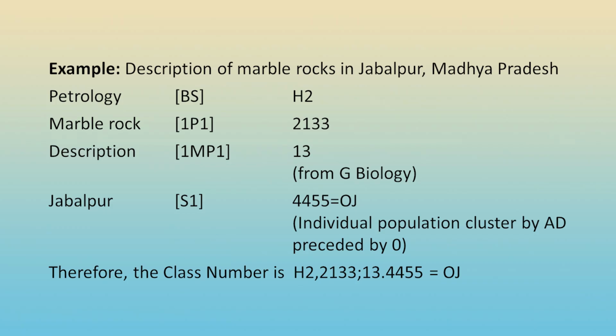We get Madhya Pradesh 4455, then is equal to sign 0, capital J for Jabalpur. Therefore, the class number is synthesized as H2, 2133, semicolon 13 dot 4455 is equal to 0, capital J.